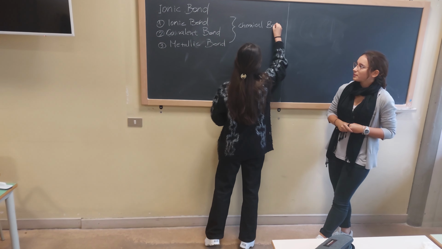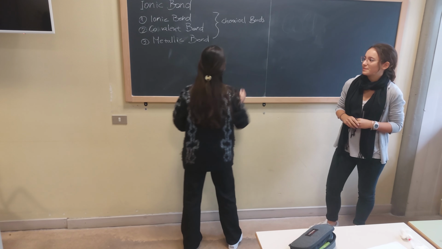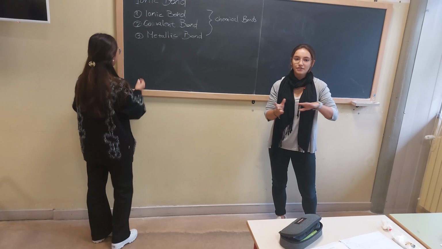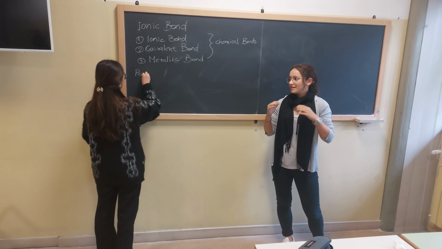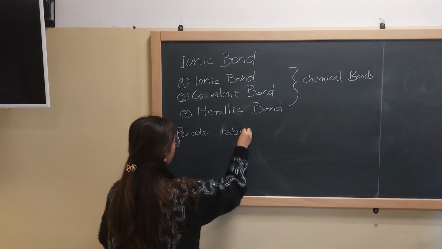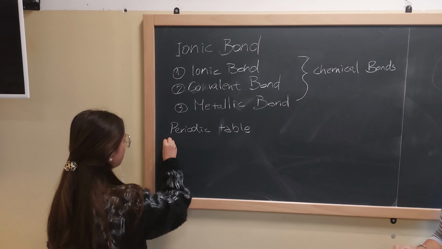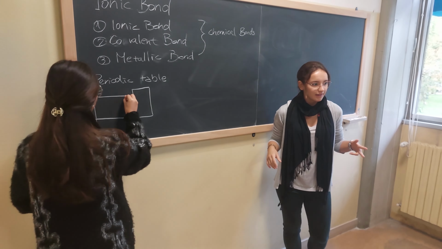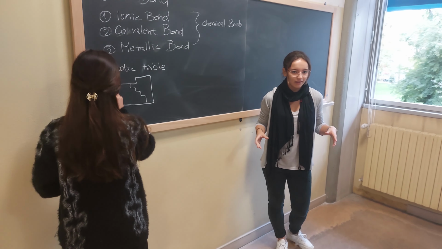As we all know, in the periodic table we have metals on the left side, semi-metals, and non-metals on the right side. Metals have 1, 2, or 3 electrons in the valence shell.